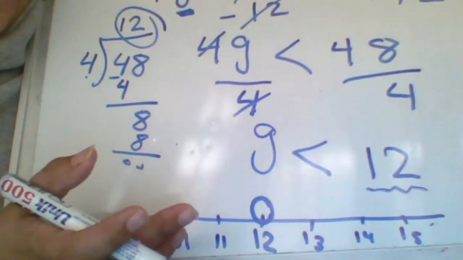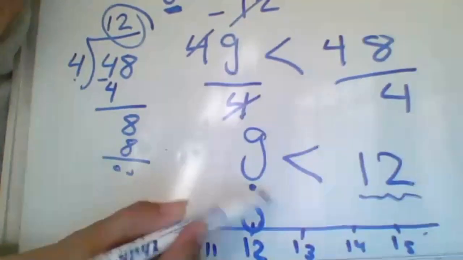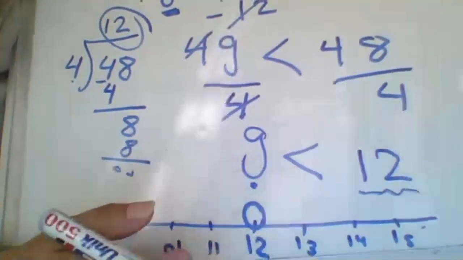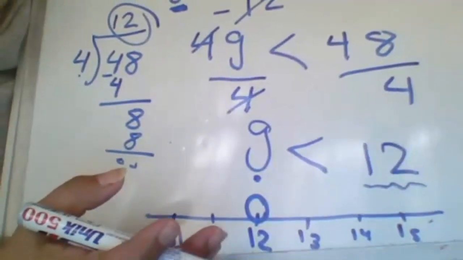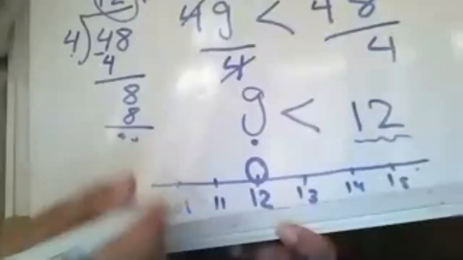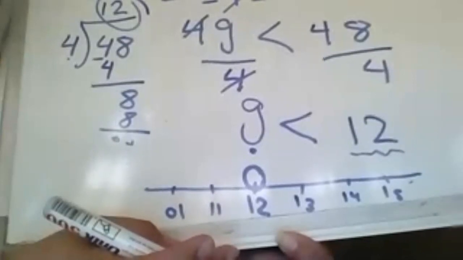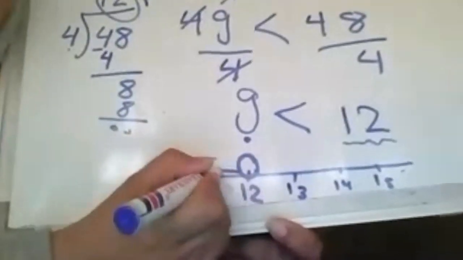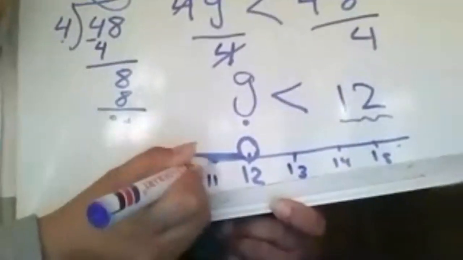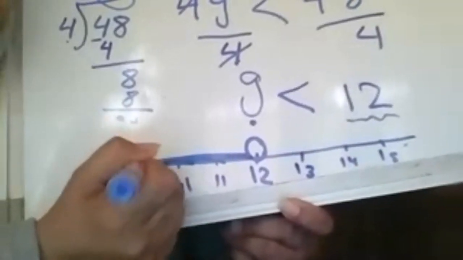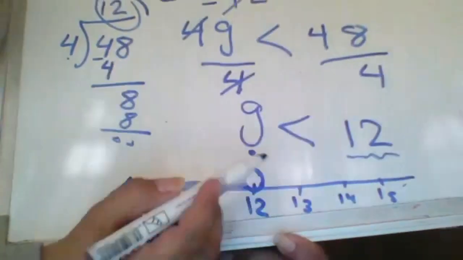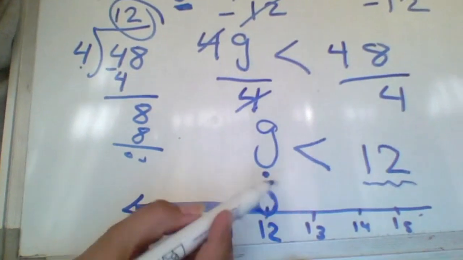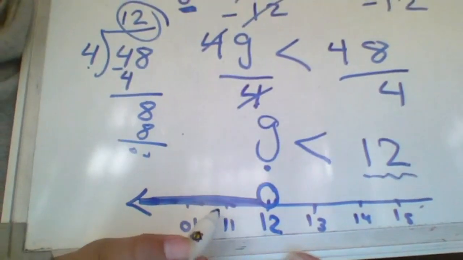G. Okay, G. G is less than or more than? Less than. So we will move to the right or to the left? To the left. So we will shade to the left, which means any value of G less than 12, we will accept it.